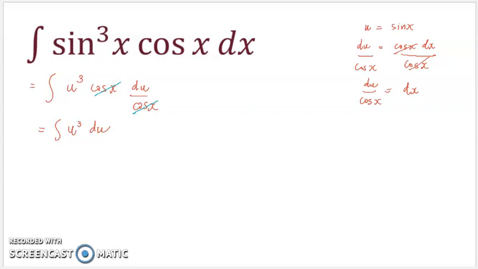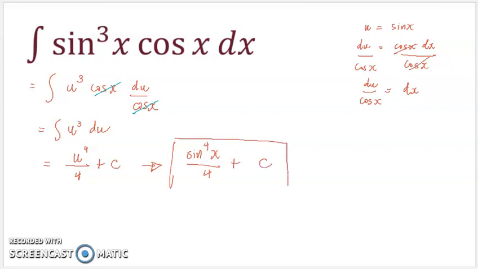So applying the rule for integrating u cubed, we have u raised to 4 over 4 plus c. For our final answer, we have to replace this u here with sine x. And we have sine raised to 4 x over 4 plus c as our final answer.